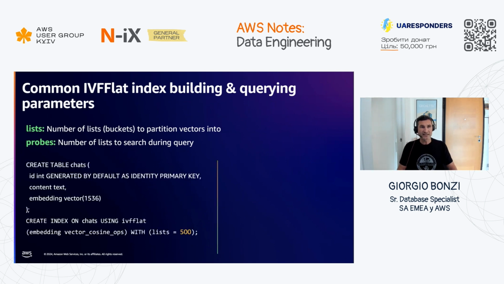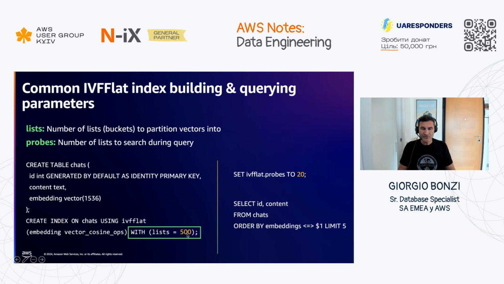And let's see the same example. We have the same table that we used before, but in this case, we are creating an IVF flat index on the column embedding. And we are using again the vector cosine operator. You can see here that we are specifying 500 clusters or lists.